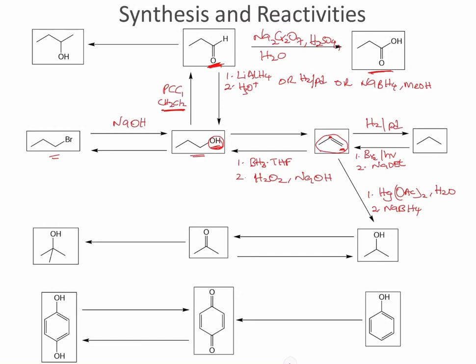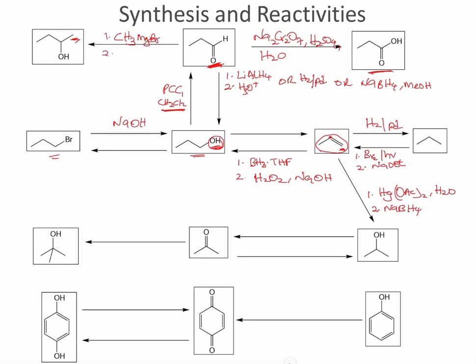Then how about if you want to synthesize a more substituted alcohol from an aldehyde? For example, in this case, you can notice that we have installed an extra carbon. So we are creating a carbon-carbon bond. The best way to do that is to use Grignard reagent. So in this case, we are only installing one carbon, so CH3MgBr in the first step.